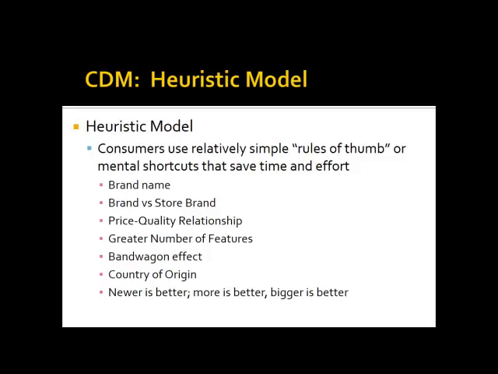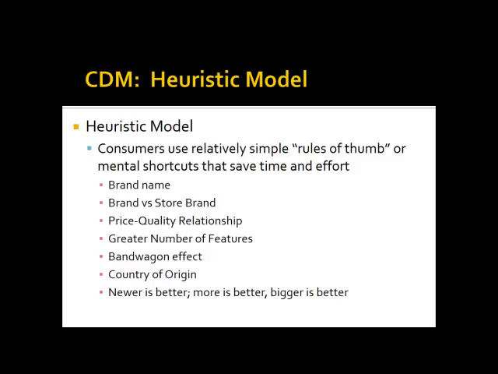Things like a greater number of features and attributes may signal to us that it's a better product. The bandwagon effect is when we see lots of people purchasing it, or there's a long line in the store to check out. We may assume that that brand or that product in the store is the most popular one. We have certain ideas about the country of origin. Where is the best place to get chocolate or coffee?